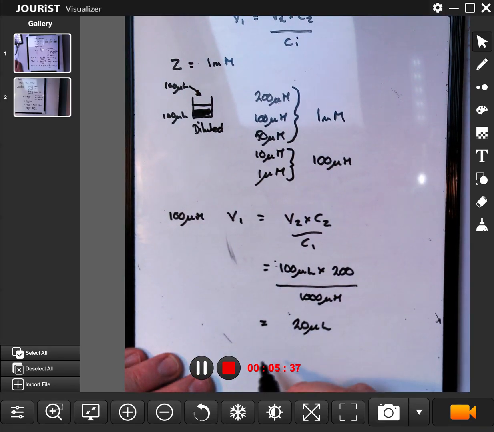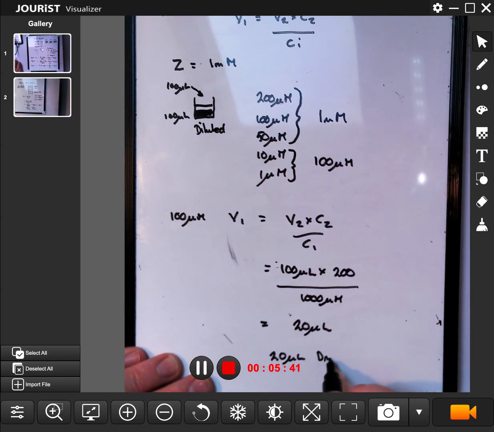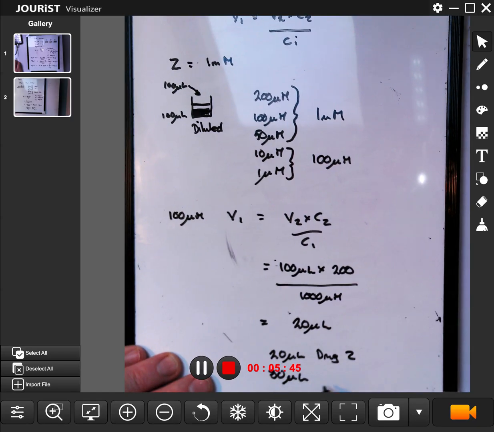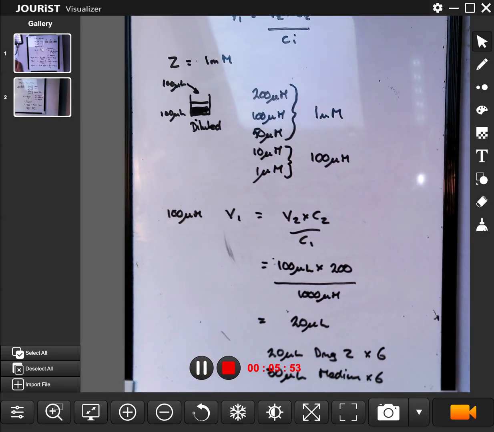So it's going to be 20 microliters drug Z and 80 microliters of medium. Times that by 6. Going to need 6 of them.